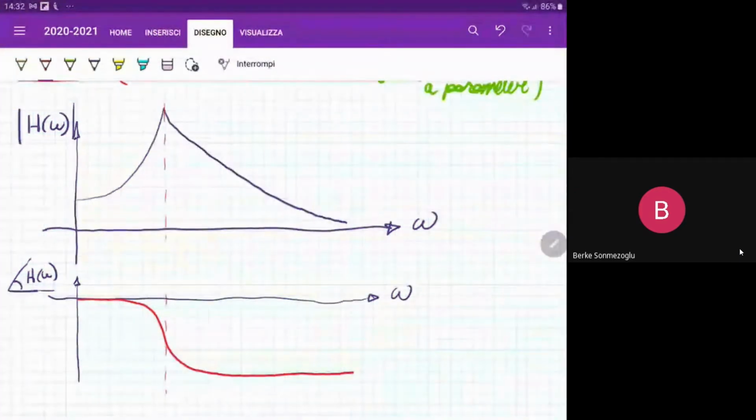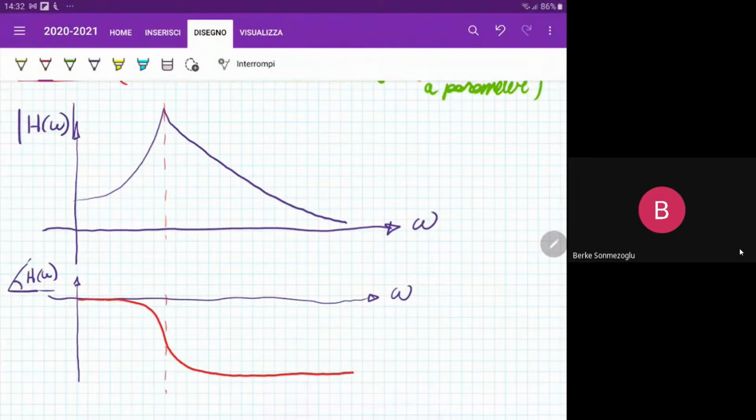Okay, in which there is a specific condition here at a specific frequency that is called natural frequency, as you should know, in which we have the maximum of the amplitude of your FRF, and we have what is called the quadrature condition of your phase.